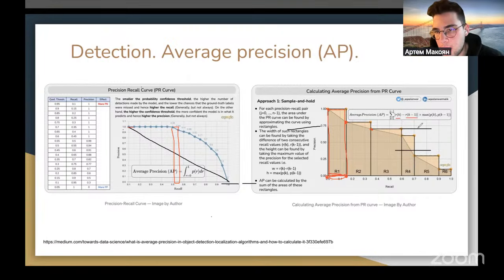That's the width, and multiply it by the maximum of precisions, because the first precision equals this, and the second precision equals this. So maybe the curve would go some other way, and the right one would be bigger.